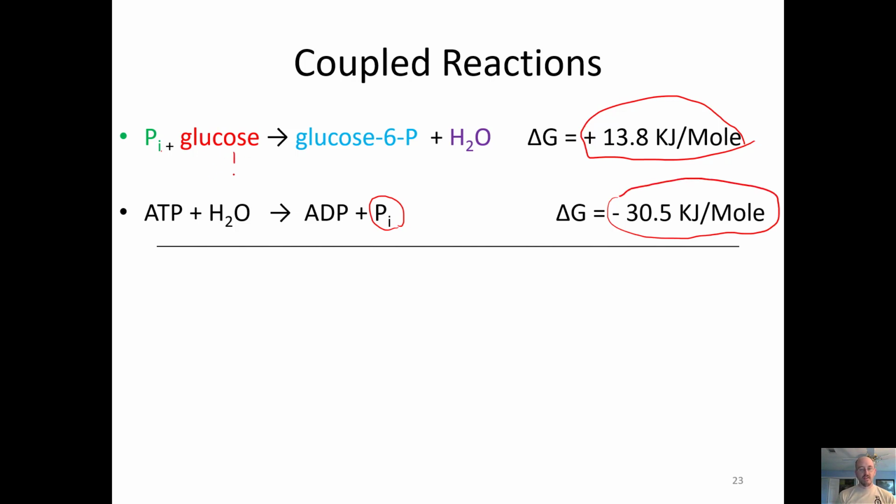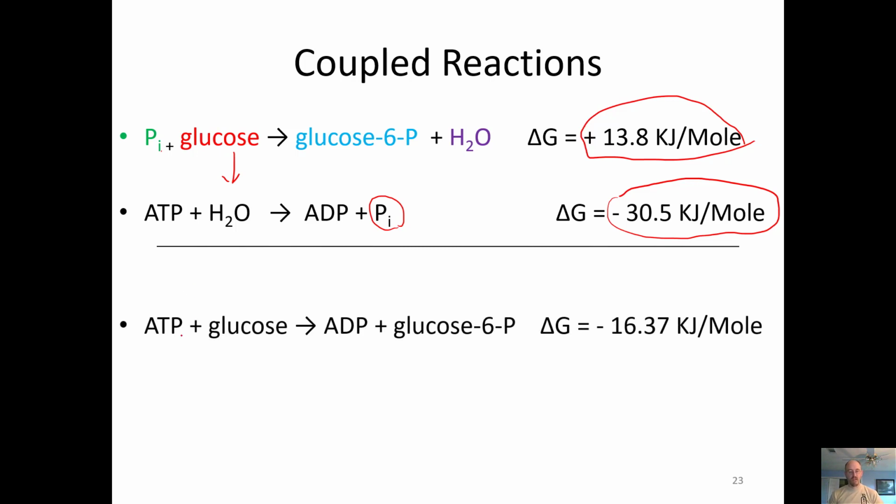So now we need to combine these two reactions into one coupled reaction. ATP, I'm not worrying about the water and stuff, okay? But ATP plus glucose yields ADP and glucose 6-phosphate, right? That's basically what we've done here. We used ATP and glucose to make this, right?